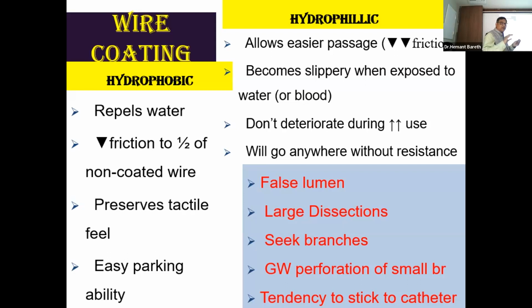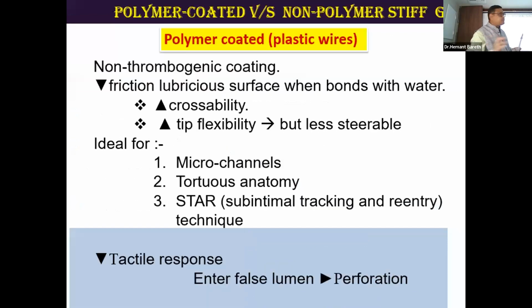So if you use a hydrophilic wire in a side branch, and you want to use it in the jail wire technique, then hydrophilic wires, at least of older generation, were a problem because they can get stuck to the stent, and when you are pulling out the side branch wire, the whole wire can even break. So that was the problem.